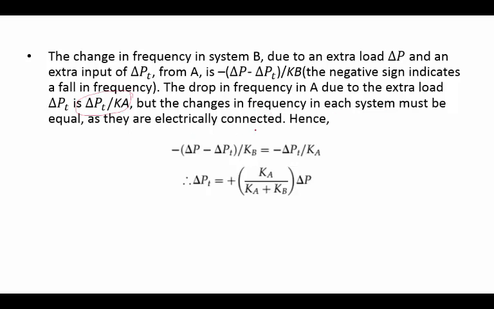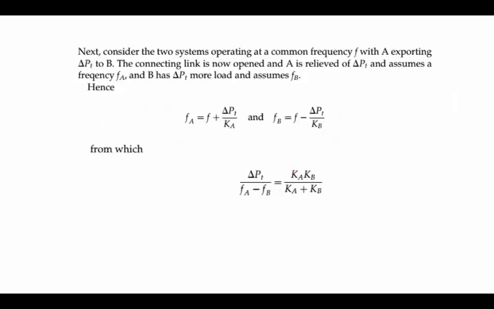So this one is for system B, this one is for system A, and then you need to rearrange the equations. At the end of the day, you get delta PT equals KA over (KA plus KB) times delta P. This is a common equation.